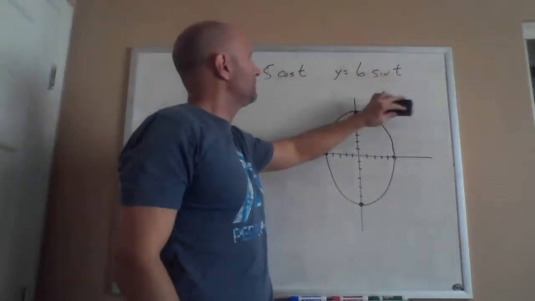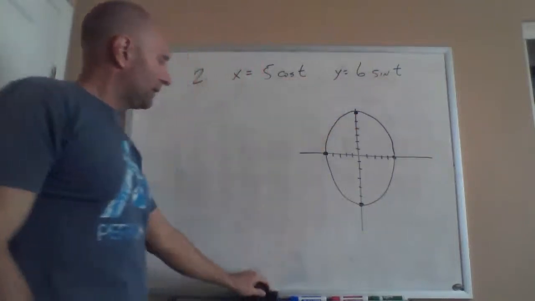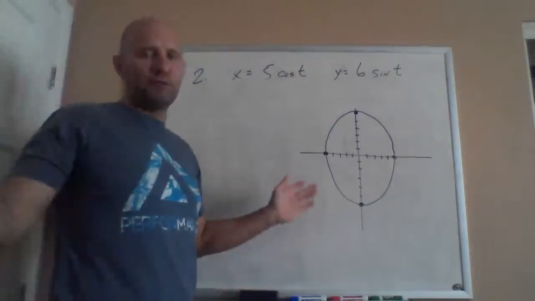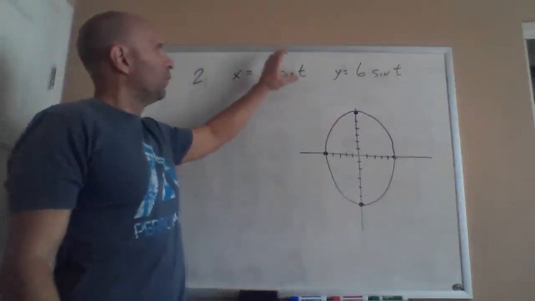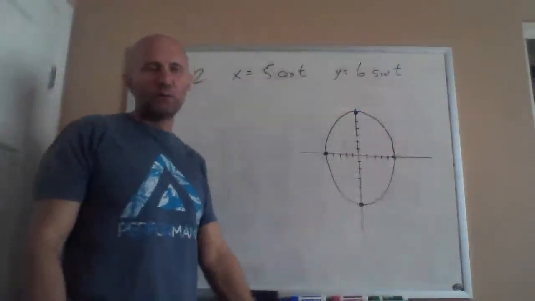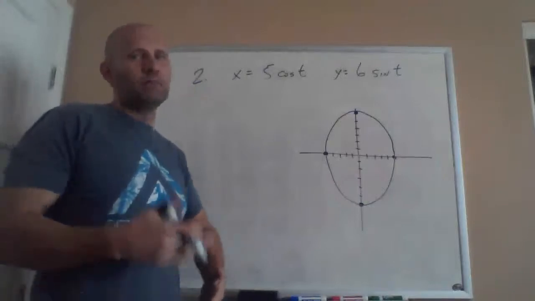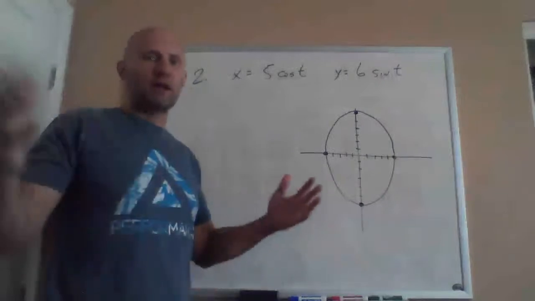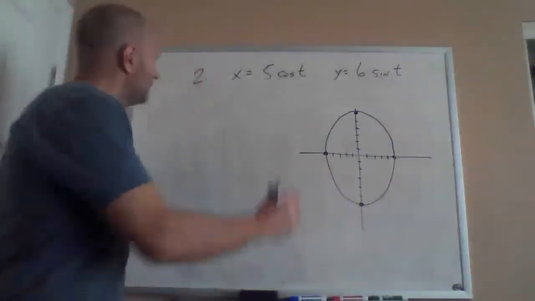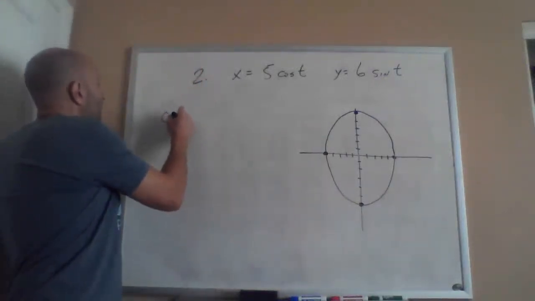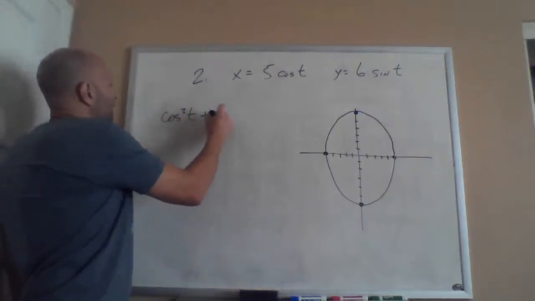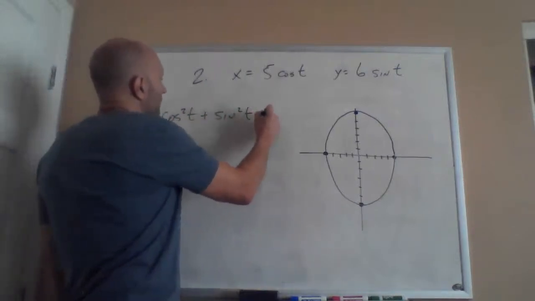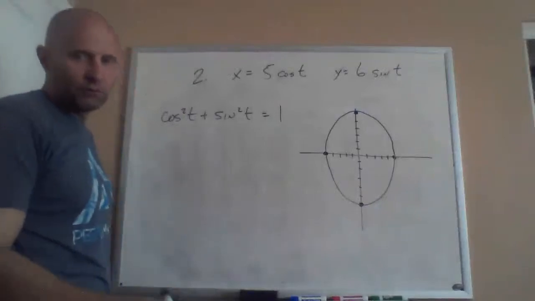What I want to do is think about it. Do I have anything that I've dealt with all semester where sine and cosine are related? And hopefully, even though I can't see your faces, they are lighting up saying, yes, I know, this is our holy grail. And the holy grail is what? Cosine squared plus sine squared is equal to 1.